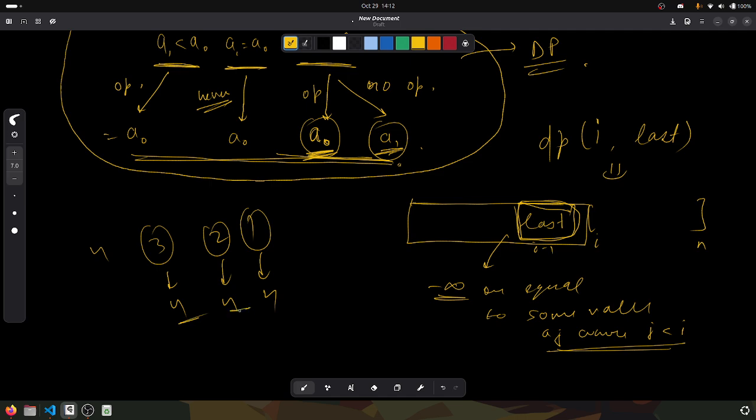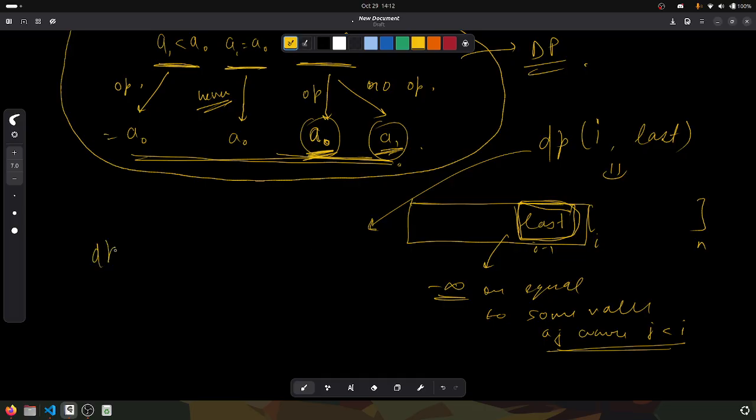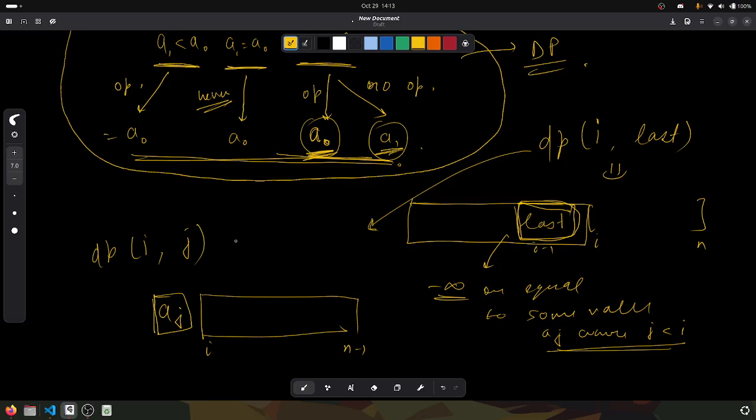So we will always have to transform to some element that is before it and that is not changed. So basically we can write this state as dp of i comma j, which means the answer for the ith till n minus 1th index, where the value just before i is aj. Let's make this 1 based and consider a0 as minus infinity.